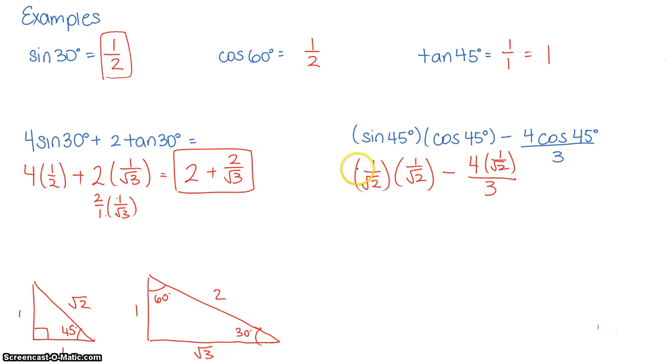So now we have to work with our fractions and simplify this down. Now fraction times a fraction, numerator by numerator, denominator by denominator. 1 times 1 is 1. And root 2 times root 2 is the same thing as root 4, which is the same thing as 2. So that one's simplified. Minus, now remember, 4 over 1 is the same as 4, 1 over root 2, so it's 4 over root 2.